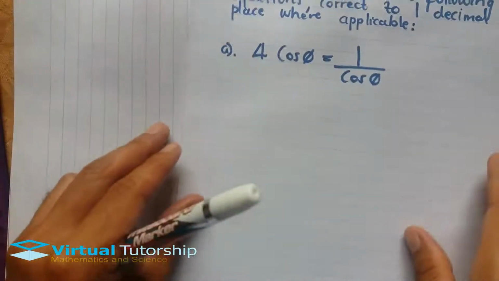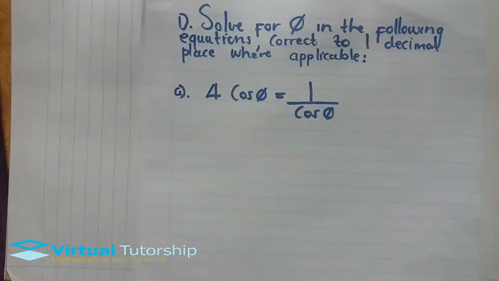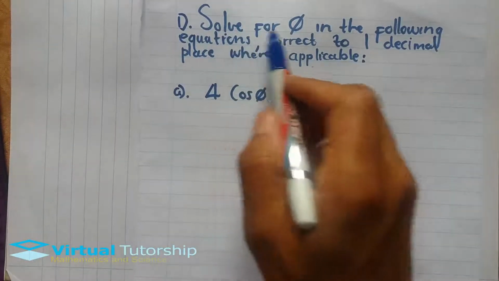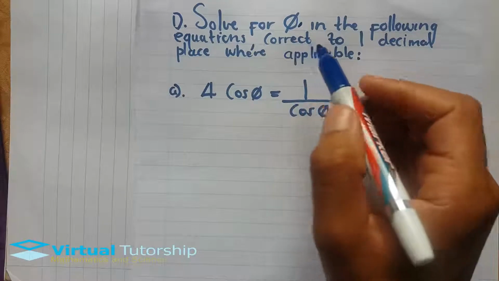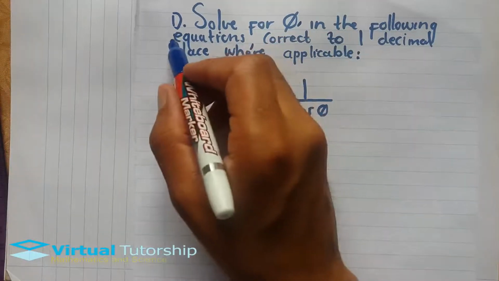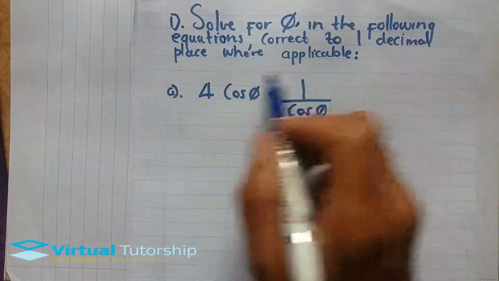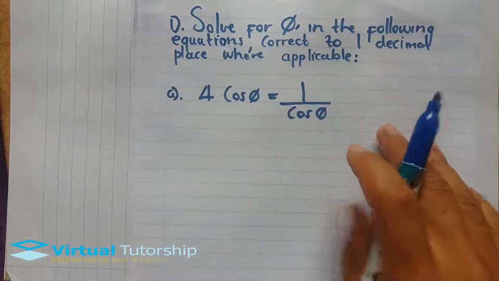Okay, the first equation, let's say it's this one. The question is: solve for theta in the following equations. This is all correct to one decimal place where applicable.